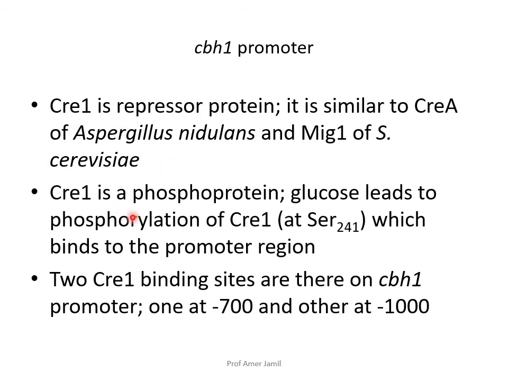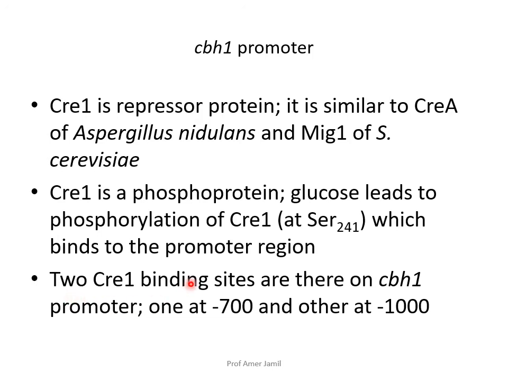This CRE1 is a phosphoprotein, and when there is more concentration of glucose inside the fungal cells, glucose phosphorylates this CRE1 at serine 241, which binds to the promoter region. So this protein can only bind to the promoter region when it is phosphorylated at serine 241, and this is brought about with the help of glucose by some mechanism.